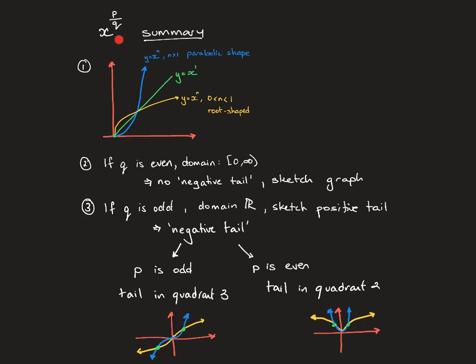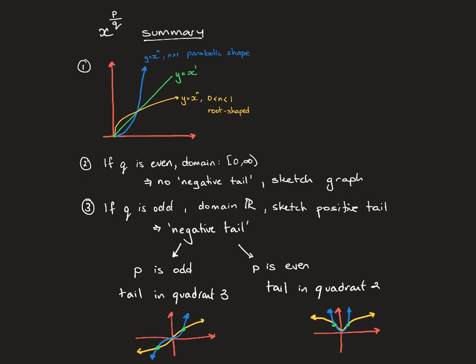So in summary, to sketch a graph of x to a fractional power, the steps are: step number 1, you need to determine whether the fraction is between 0 and 1 or greater than 1. If it's between 0 and 1, you'll get this root-shaped graph. If it's greater than 1, you'll get the parabolic shape.